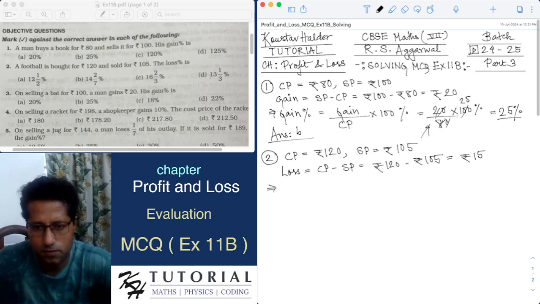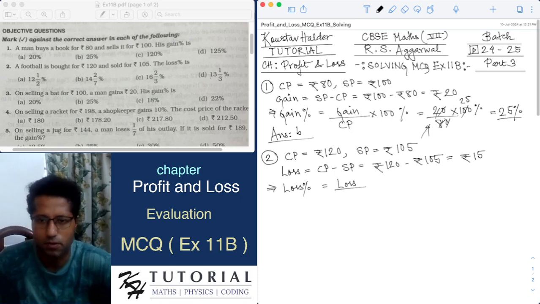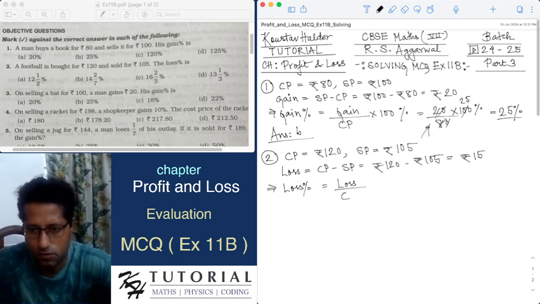So this implies loss percent and gain percent are always computed based on the cost price. So loss percent is loss by cost price multiplied by 100, this much percent.